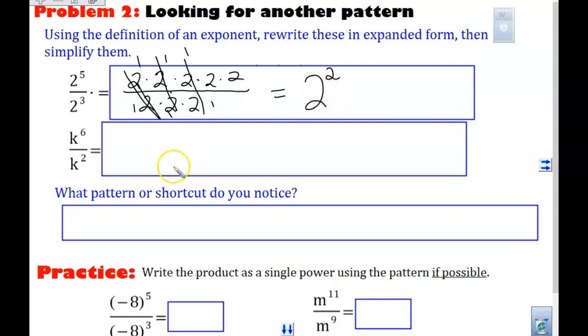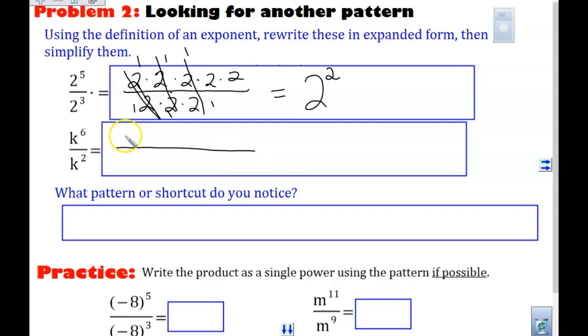And I want you to be thinking like the last one. When we multiplied, we added those exponents. When we're dividing, try and think about what pattern. If I look at k to the 6th, Cameron, k to the 6th means how many k's? 6.